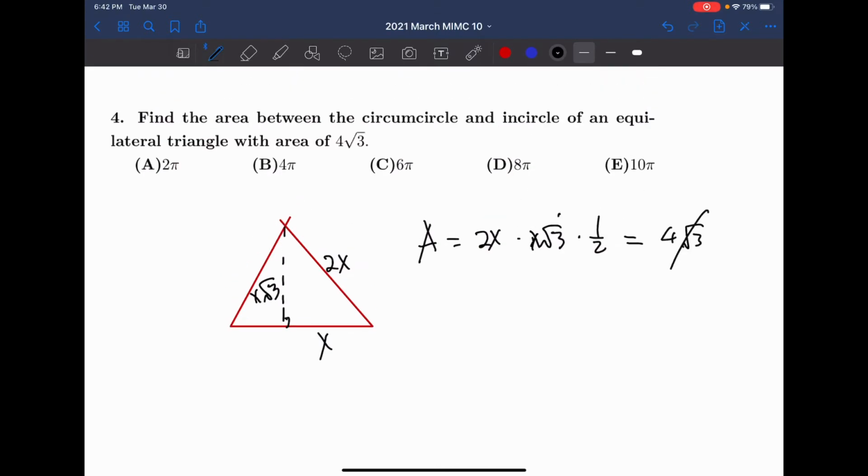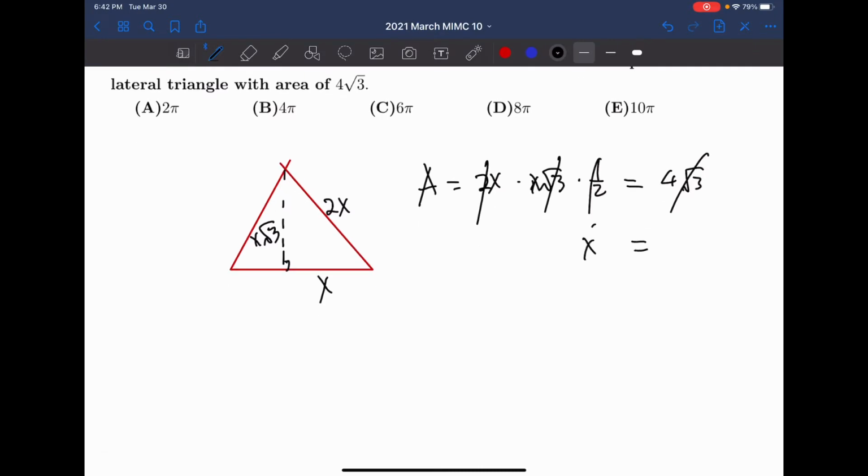Cancelling, x squared is equal to 4, or x is equal to 2. Notice that our side length is actually 2x, so our side length would instead be 4.